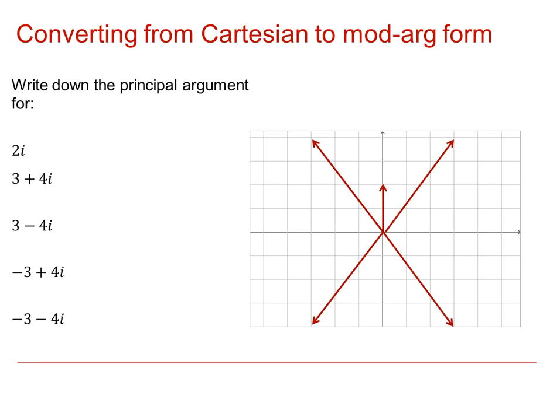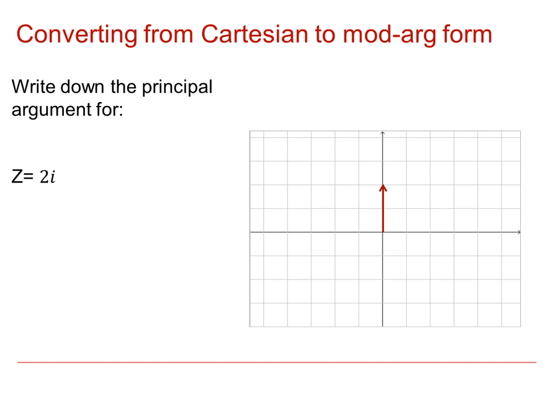Well, to illustrate these ideas then, and particularly looking at the arguments, I'm going to consider these complex numbers, obviously one at a time. So let's start off with z equals 2i. Now if you were to do this on a calculator, then your calculator would say, well, just a minute, we can't actually calculate that because tan to the minus 1 of the y value, 2, divided by 0, of course you're going to get a maths error there.